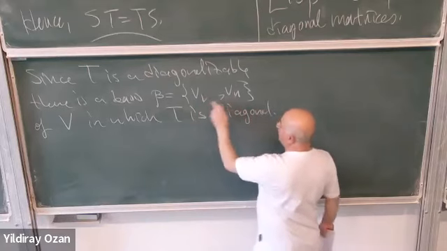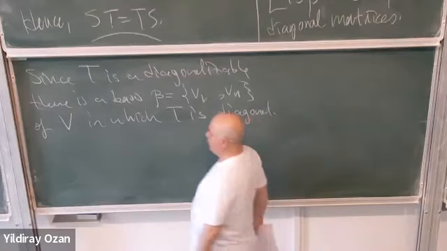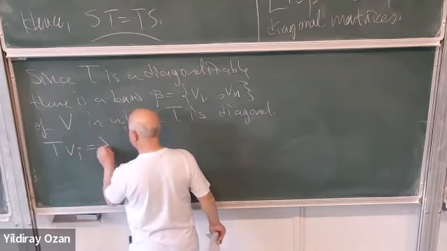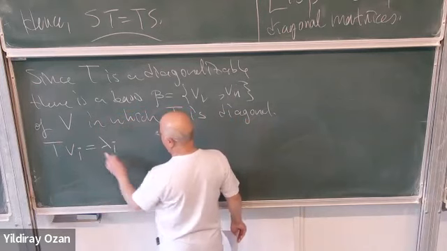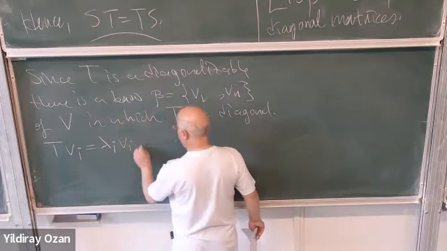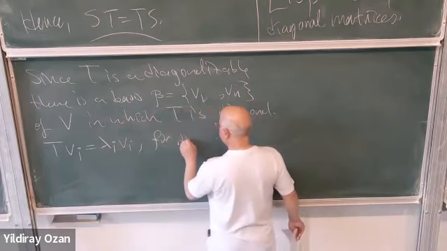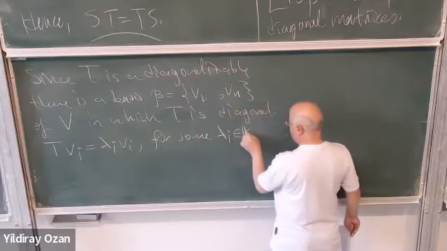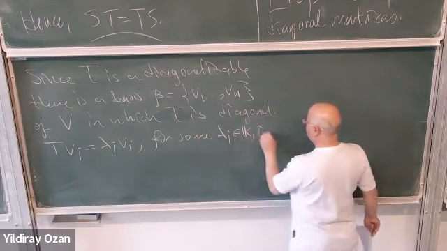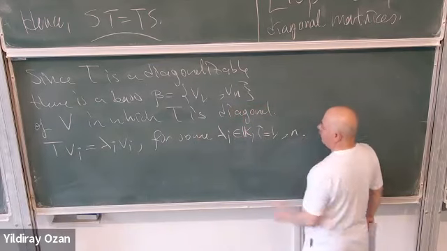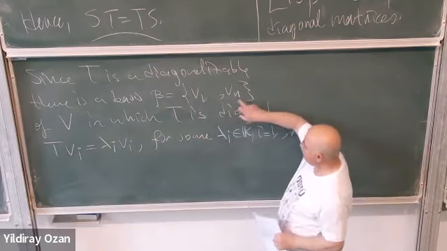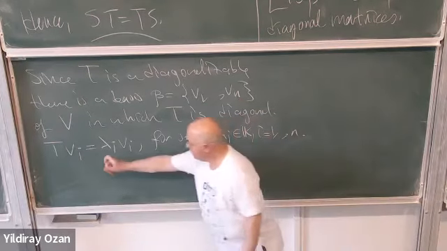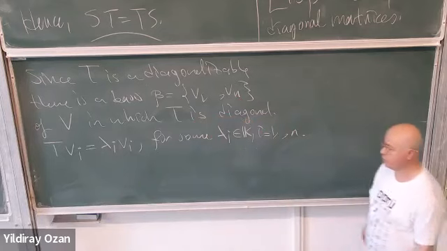So these are eigenvectors of T. This means T times vi is just lambda i times vi, for some lambda i in K, i from 1 up to n. These are eigenvectors for T, and the lambda i's are eigenvalues.